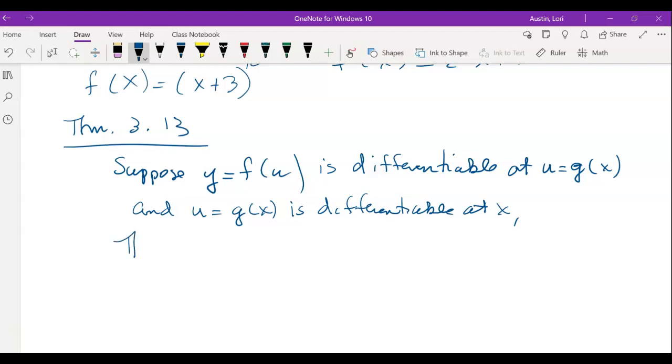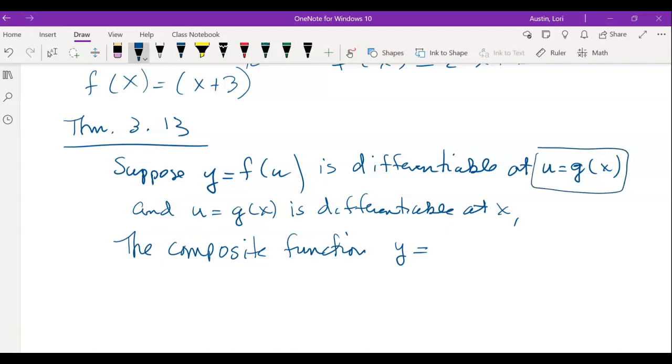The composite function. So now what am I going to do? I'm going to replace u with my g of x. Do you remember these are from pre-calc, composite functions?